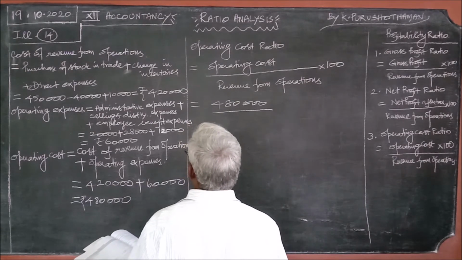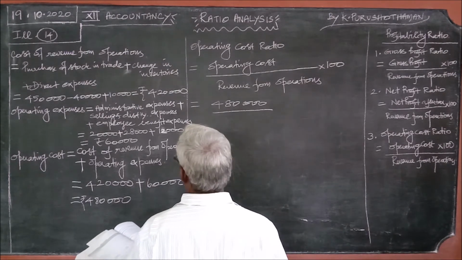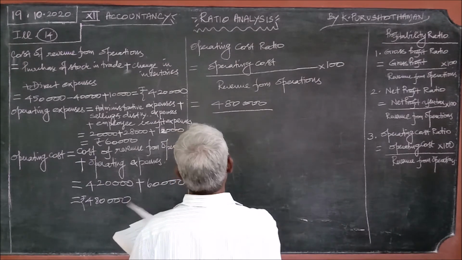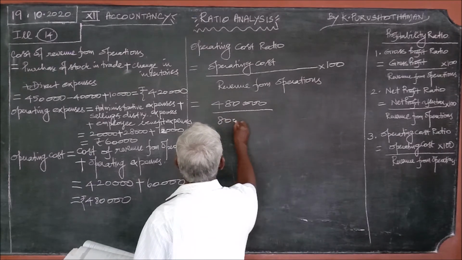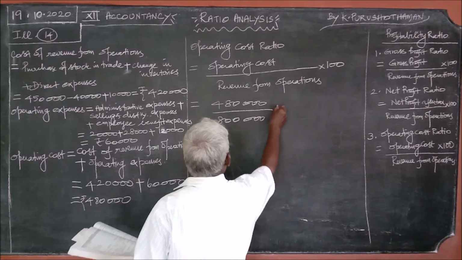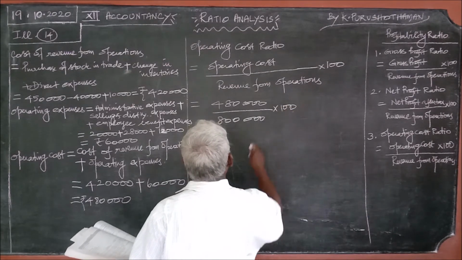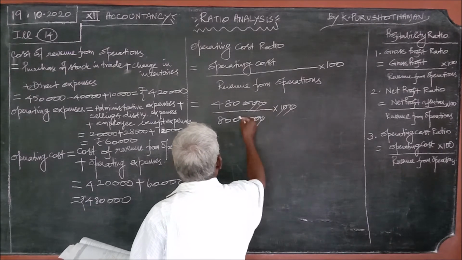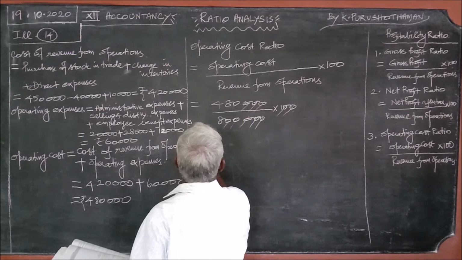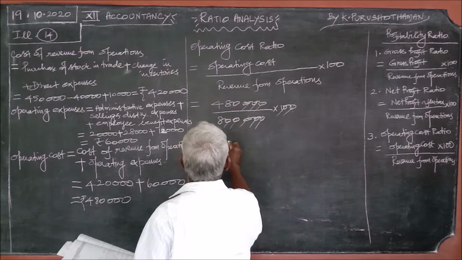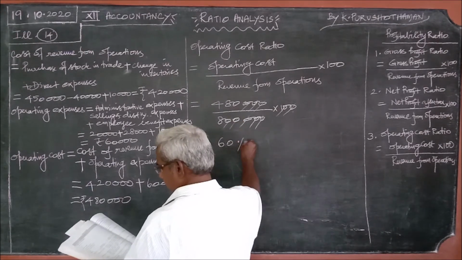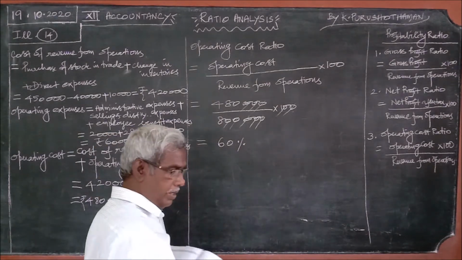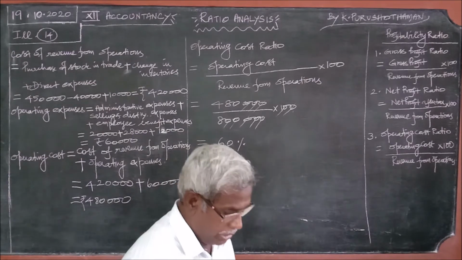What is the amount of revenue from operations? It is given in the problem itself that revenue from operations is 8 lakhs. 8 lakhs into 100. We can now simplify: 6 8s are 48, so 60%. It is given here as 60%. See, in this problem, what you should know.